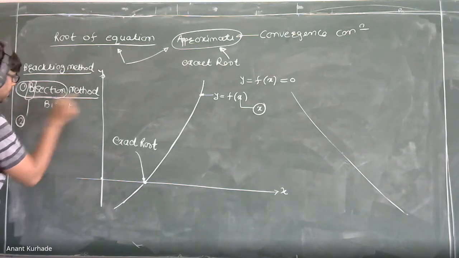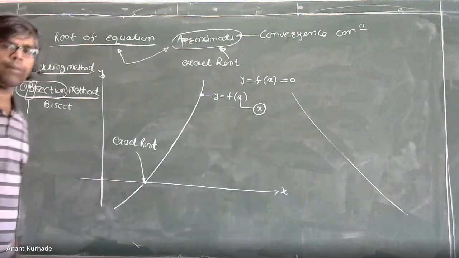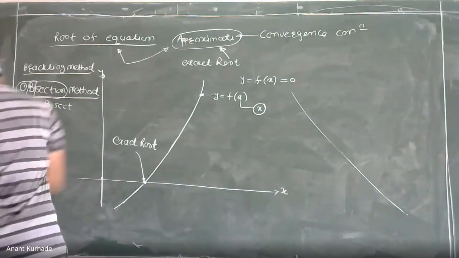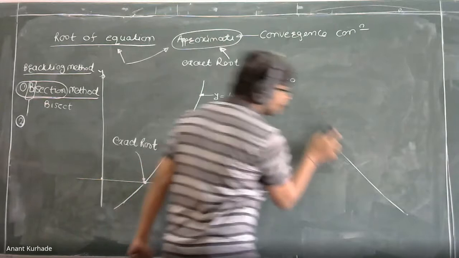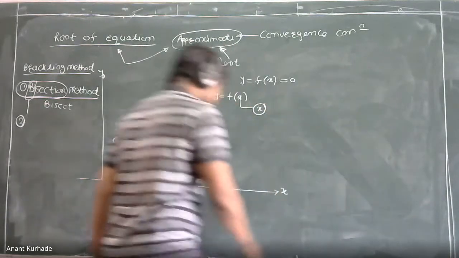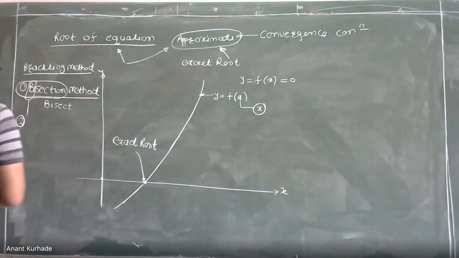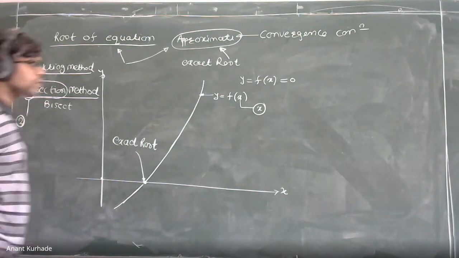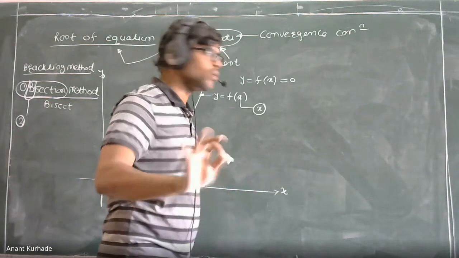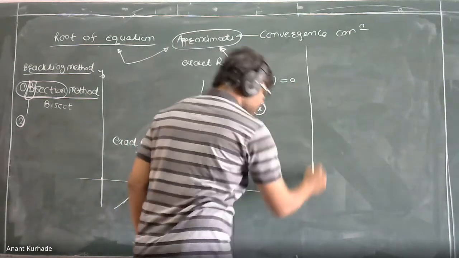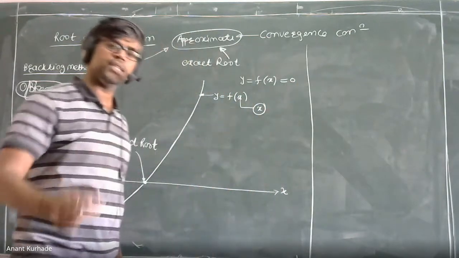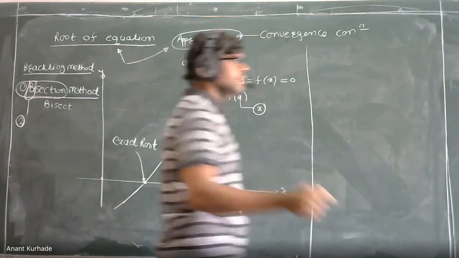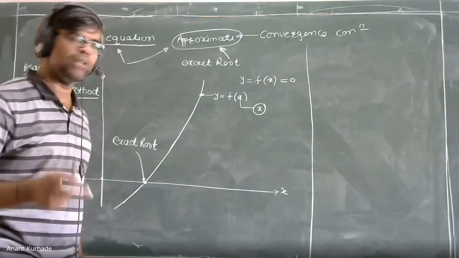So in the bisection method, bi means 2. Remember, you have to take initial guesses. As the name indicates, bi means 2, so you have to assume 2 guesses, but which value is up to you.